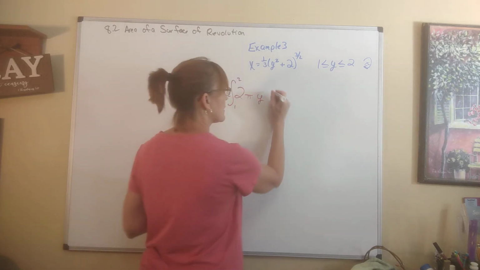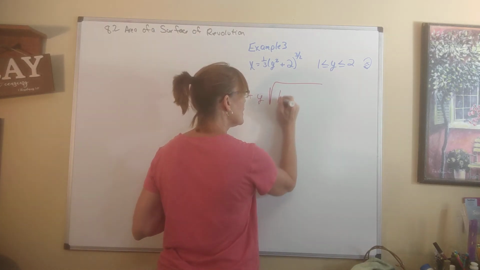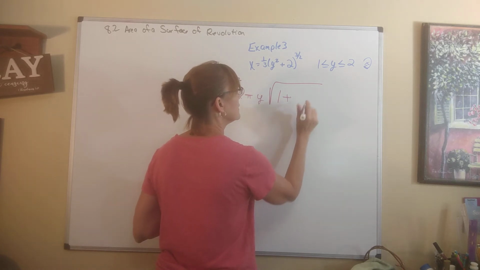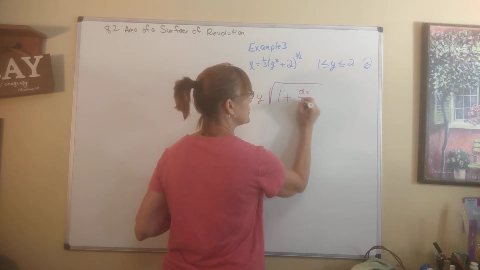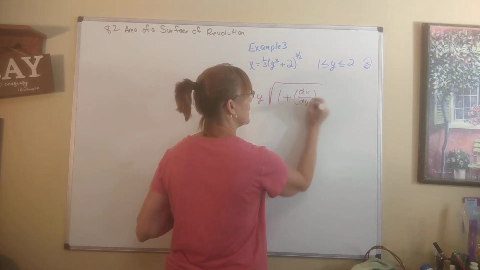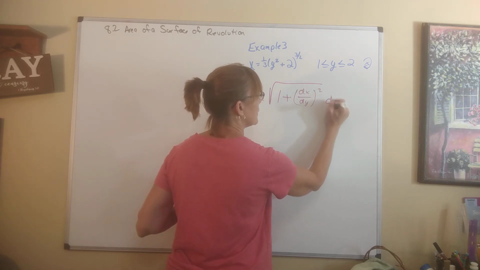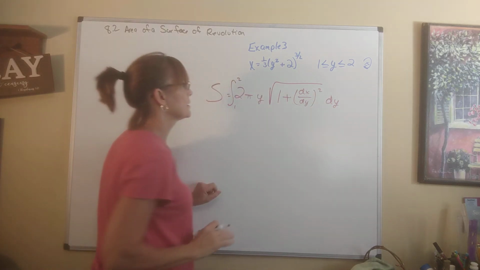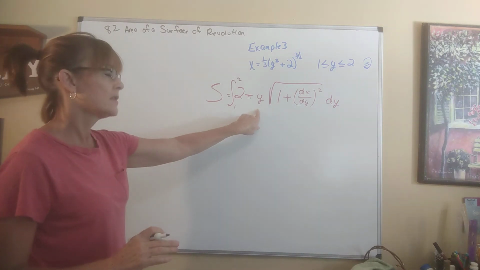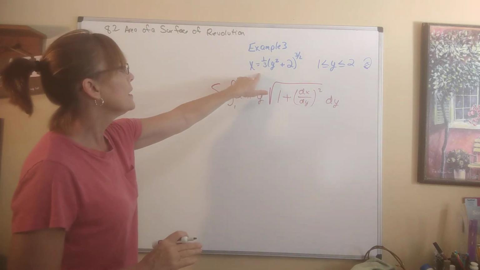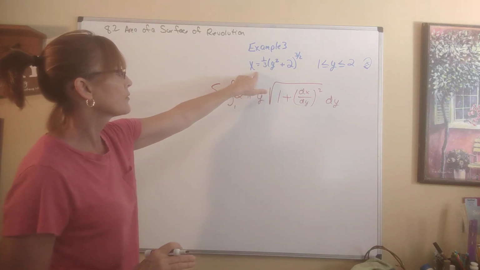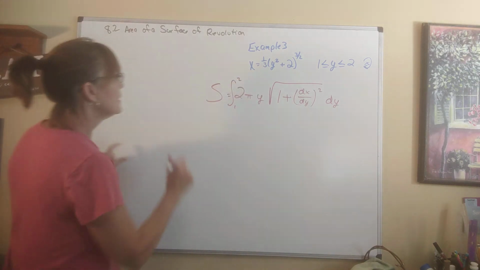Our surface area is going to be the square root of 1 plus dx/dy squared. This changes, instead of dy/dx, it's with respect to y. This is what the changes are. So we leave that as the variable y. Here, let's take this derivative with respect to y, dx/dy.